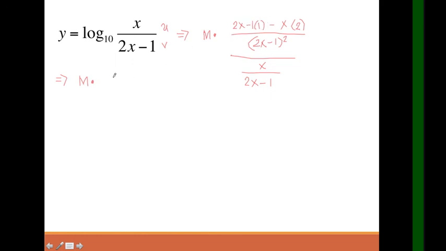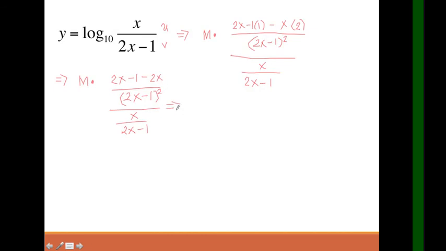So, we have 2x minus 1 minus 2x, di ba? Minus 2x. Okay? All over 2x minus 1 squared. All over x over 2x minus 1. Here, 2x minus 2x is 0, so negative 1 ang answer natin.